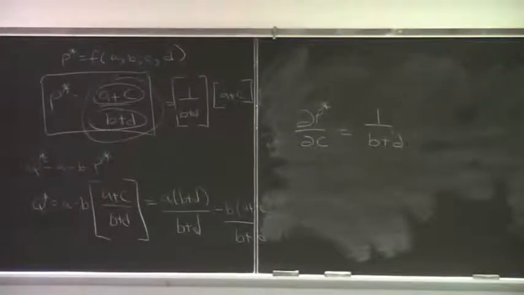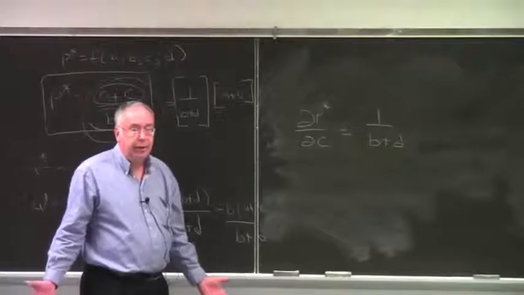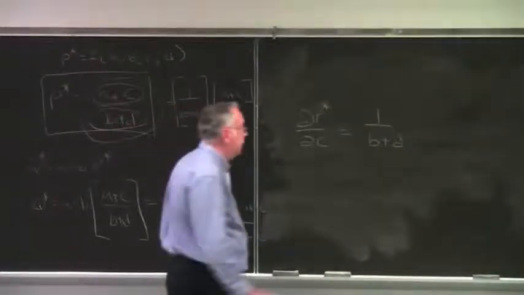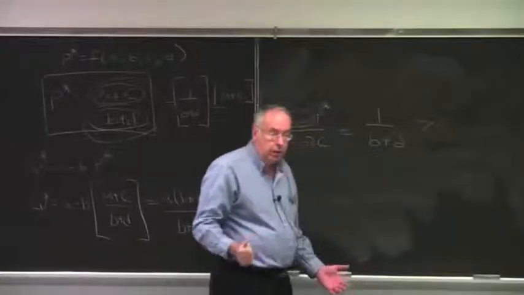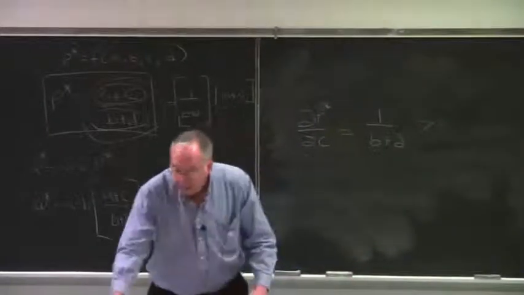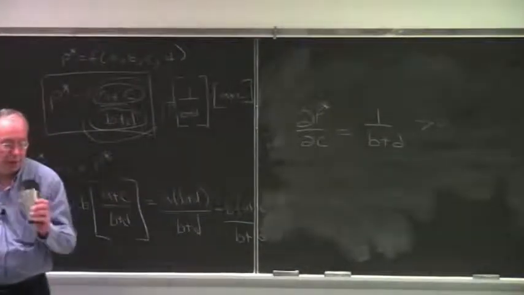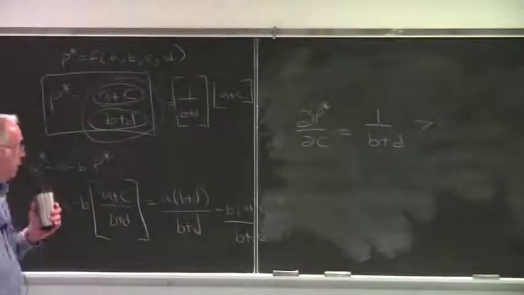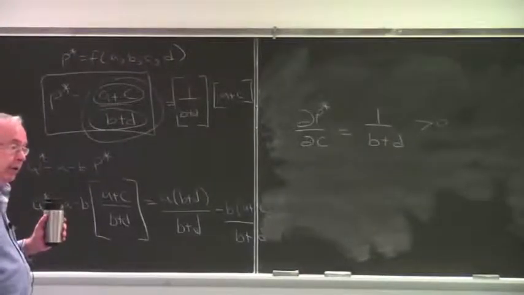And what is the sign of this partial derivative? It's always positive. So, Bernard, what does that mean in words? As C goes up, P star goes up. Exactly. And what if C were to go down?